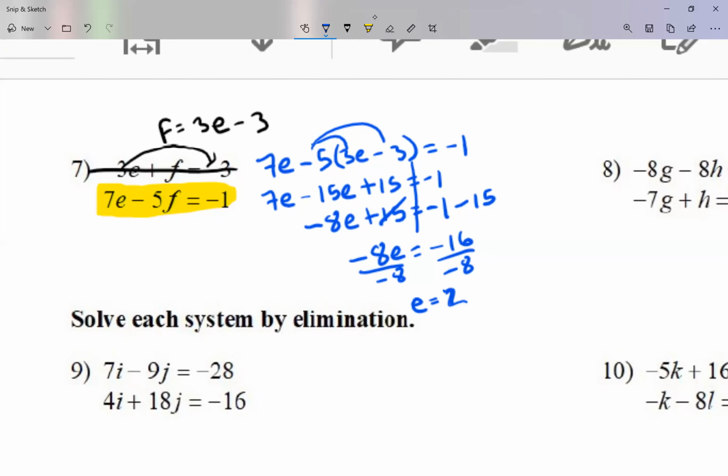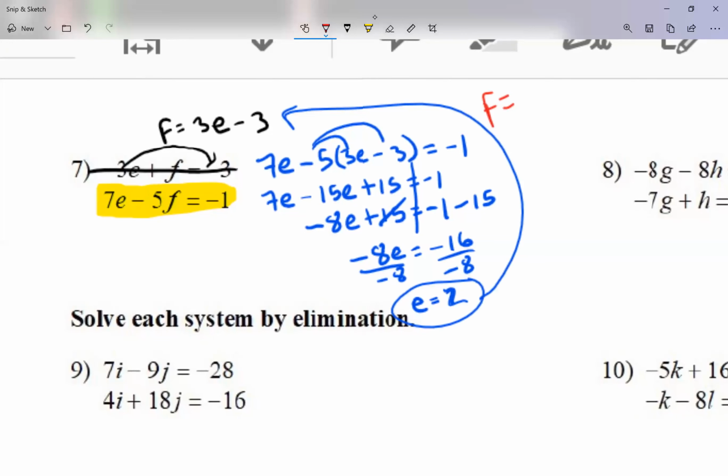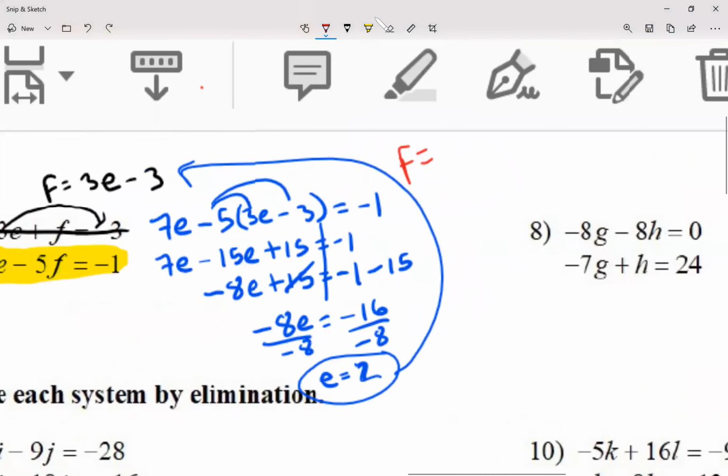Now that I have the value of one of my letters, I can solve for the other one. In fact, let me circle it. Let me plug it in here. I'm going to be able to solve for f. I'm going to rewrite f equals, let me move this over a little, 3e minus 3, right?